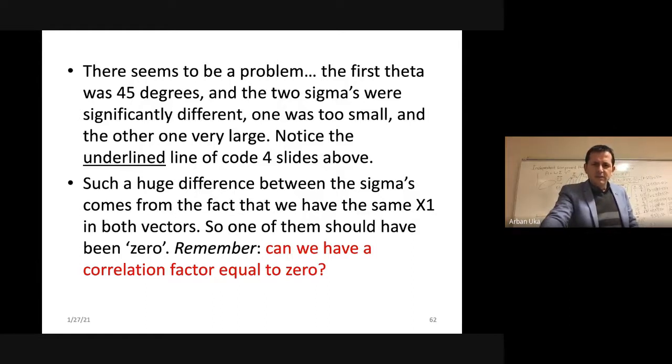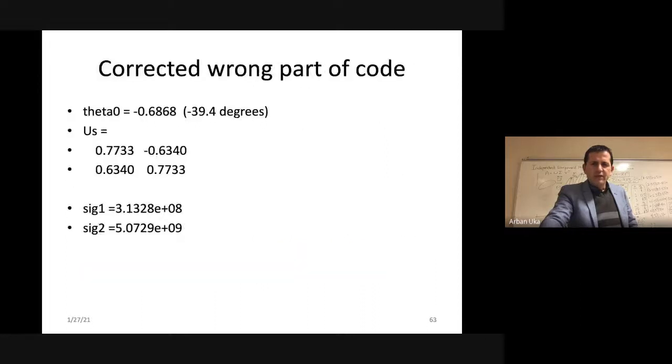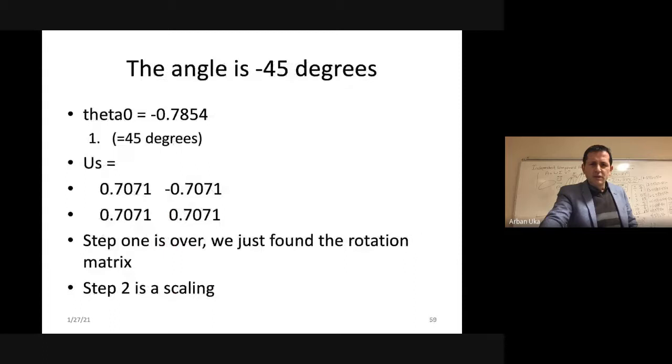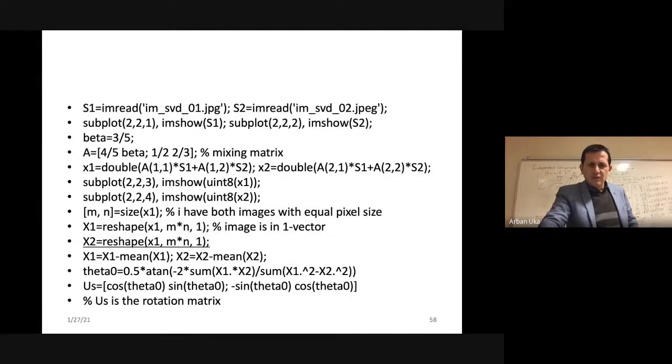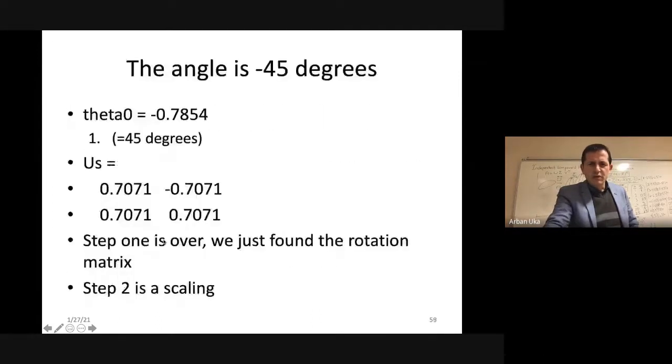But I think I figured out where the problem is. In fact, I can show you in the code. So here, I think the problem was here. If you see this line, x2 is equal to reshape, I've reshaped x1 again onto x2. But in the code, I fixed that, so that problem is gone.